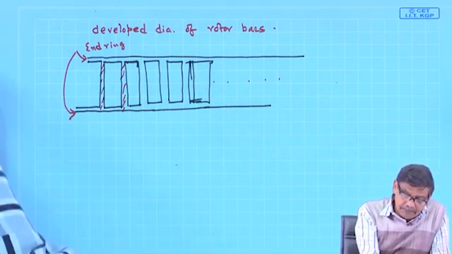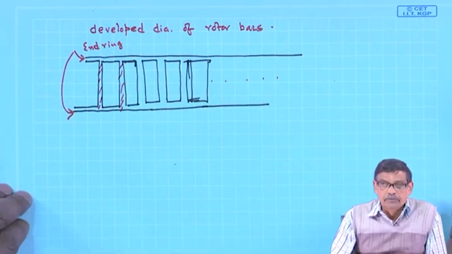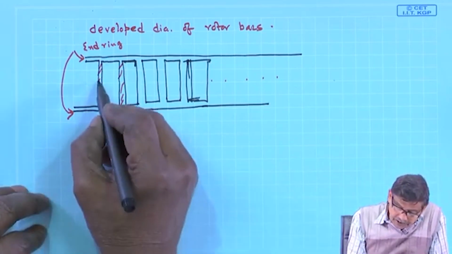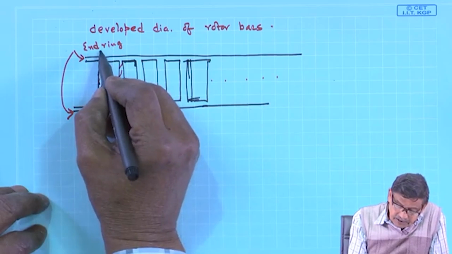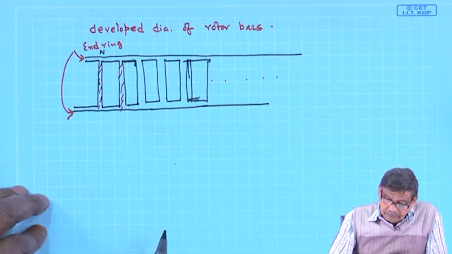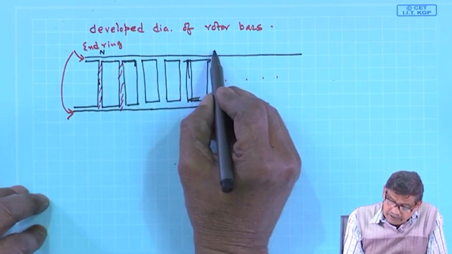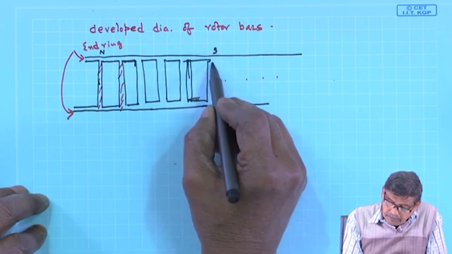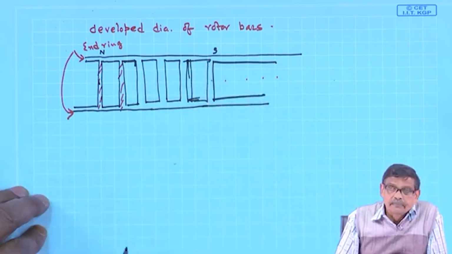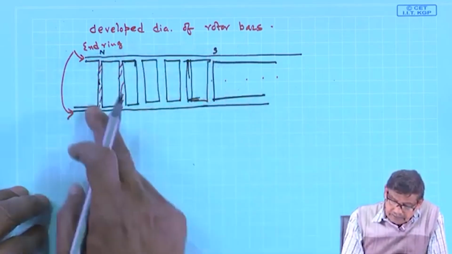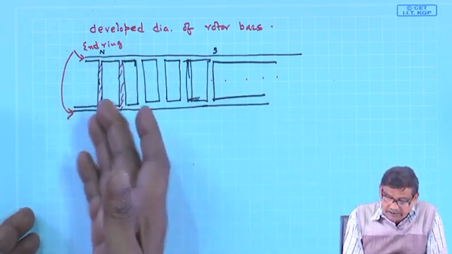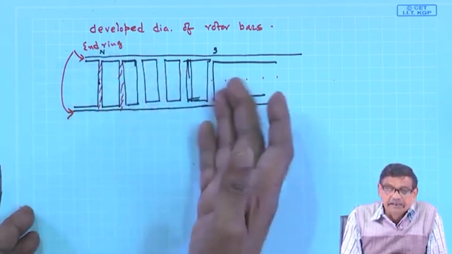Now, suppose the number of stator poles is 2 pole or 4 pole, whatever it is. Suppose this conductor is under the center of the north pole. Then under the center of the south pole, there will be a bar present, and that is all, because the north and south poles dictated by the stator decide the induced voltage and current in the rotor bars.